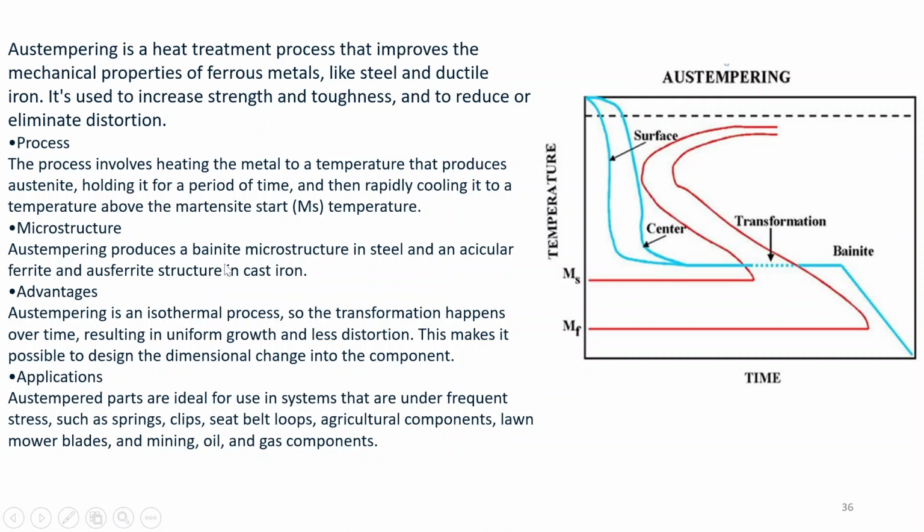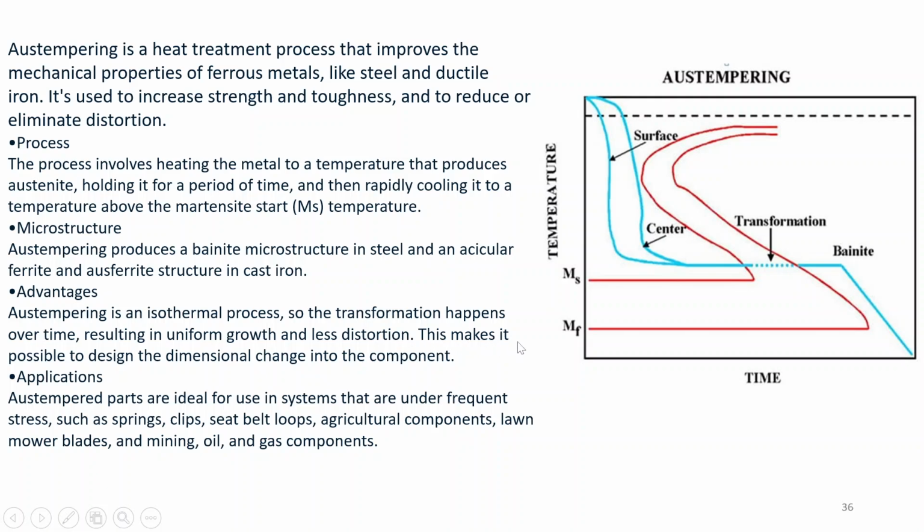Austempering produces a bainitic structure in steel and an acicular ferrite and austenite structure in cast iron. Austempering is an isothermal process, so the transformation happens over time, resulting in uniform growth and less distortion.